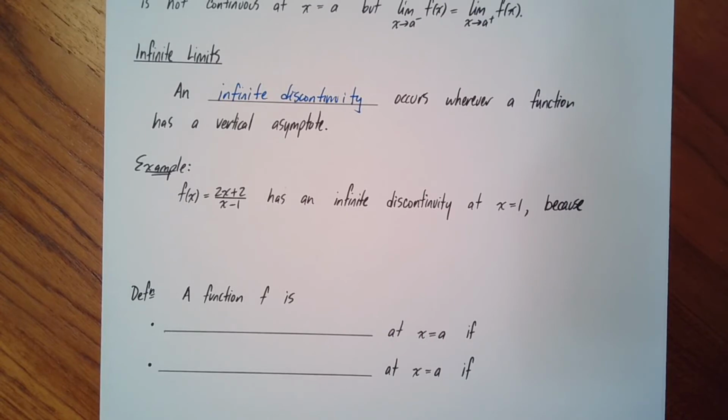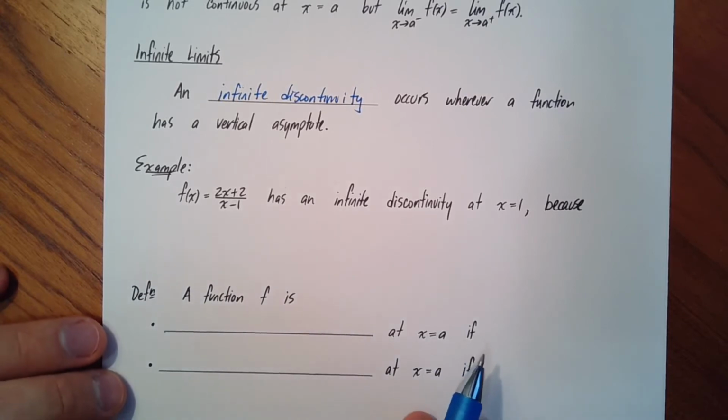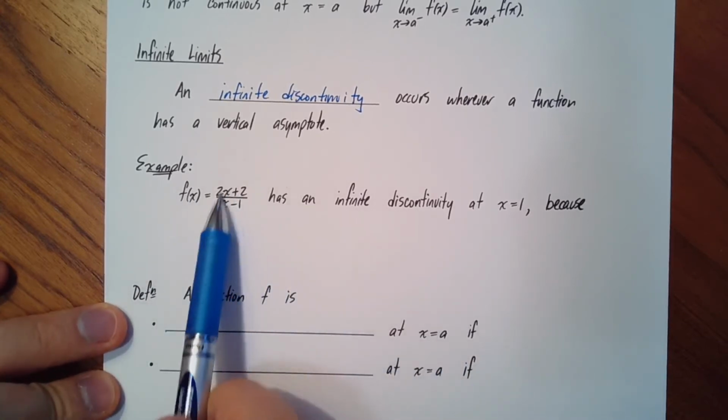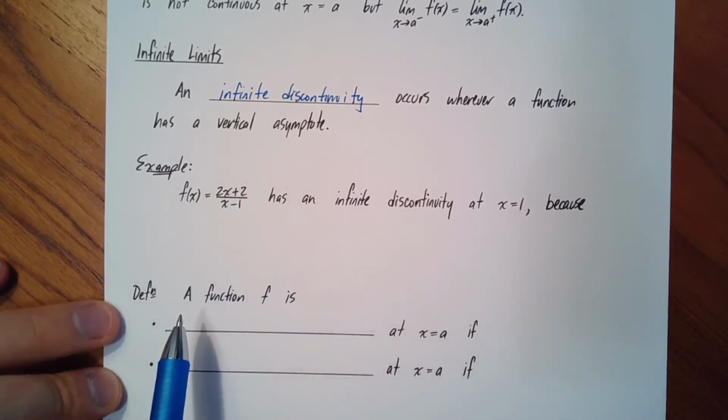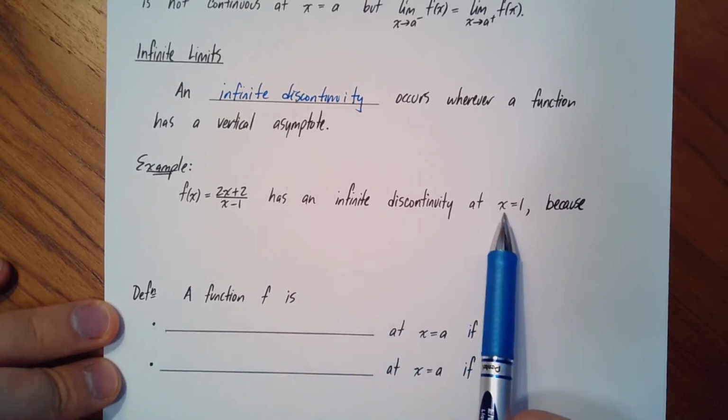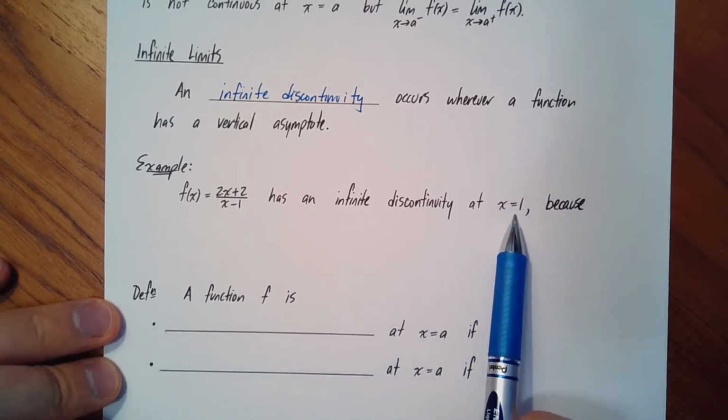If you don't remember, just pause this and go back to section 2.2 and quickly look up the definition of a vertical asymptote in the notes, and you'll see that. So we need to verify that this function either goes to positive infinity or negative infinity as x gets close to this point, either from the left or the right.